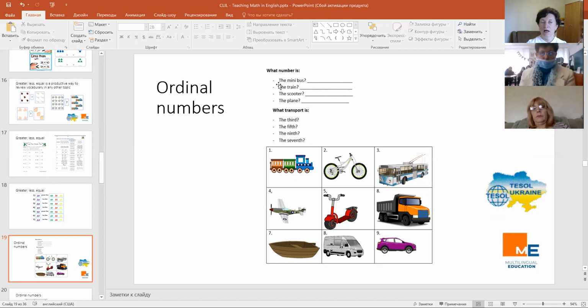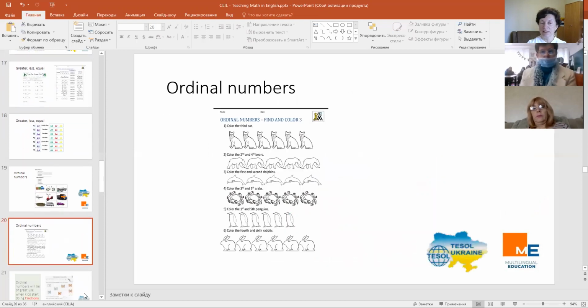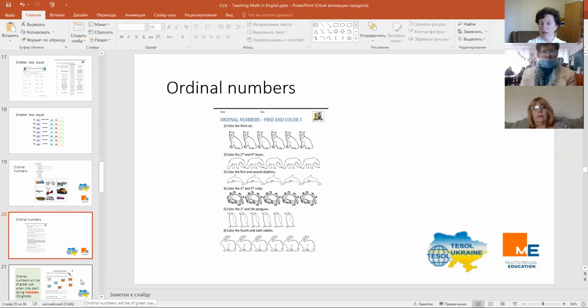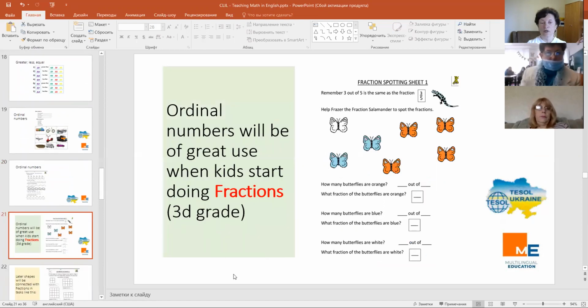And when we teach ordinal numbers, we always remember that ordinal numbers will help us when kids start doing fractions. And a couple of words about fractions.